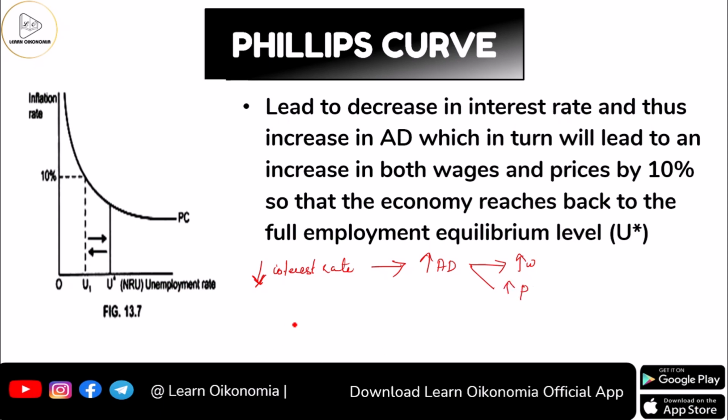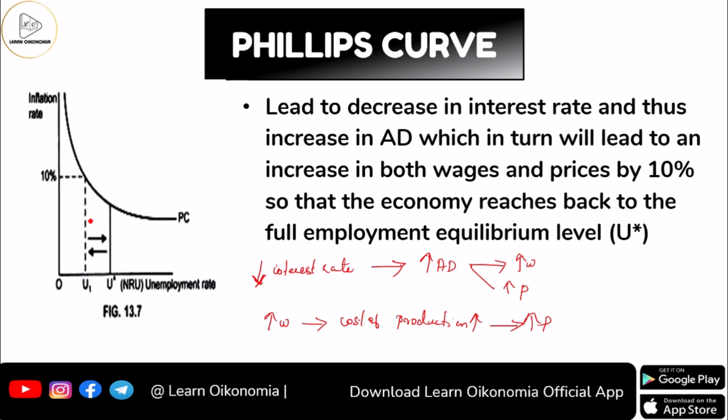Because we know that whenever wages increase, it is the cost of production that is increasing, and for the very same reason, this will lead to an increase in prices. Cost of production increases, so it will lead to an increase in the price of the commodity, and this would also increase by 10%.